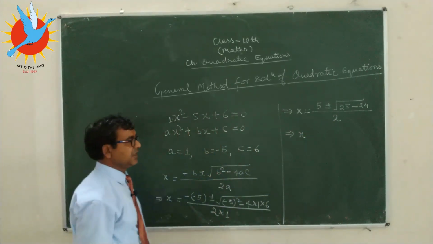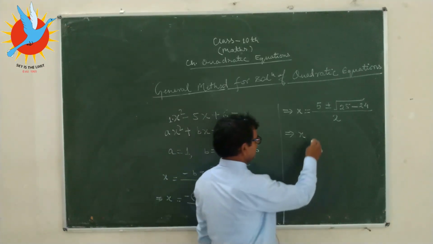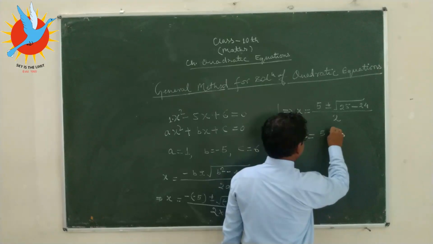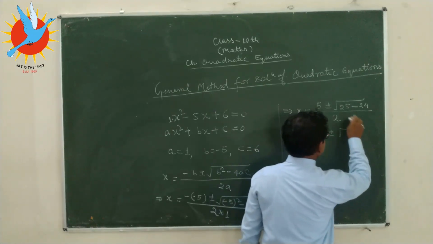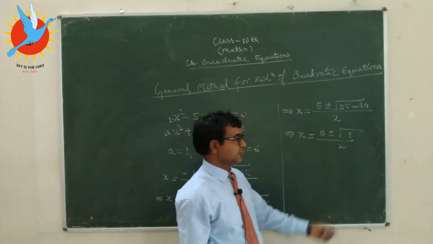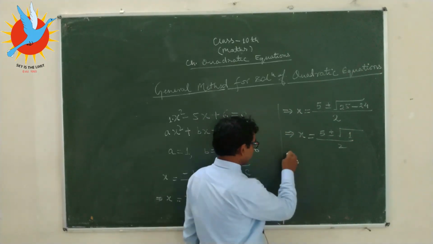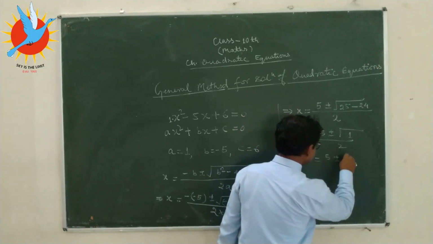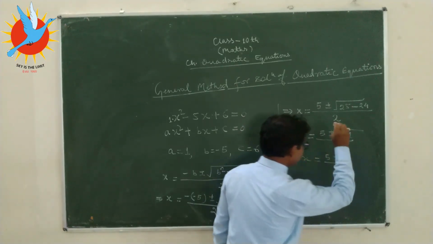Now x equal to 5 plus minus, this would be root of 1 upon 2, and root of 1 is 1, and therefore x equal to 5 plus minus 1 upon 2.